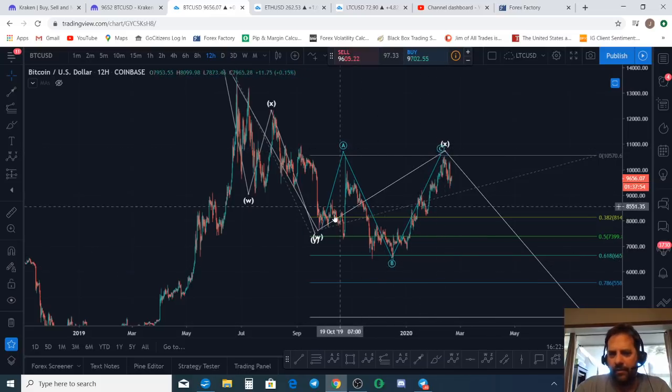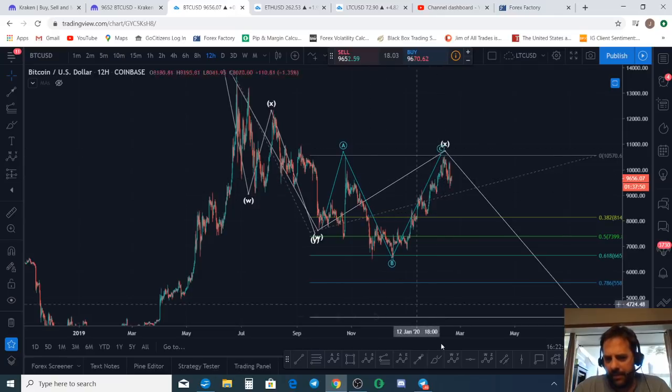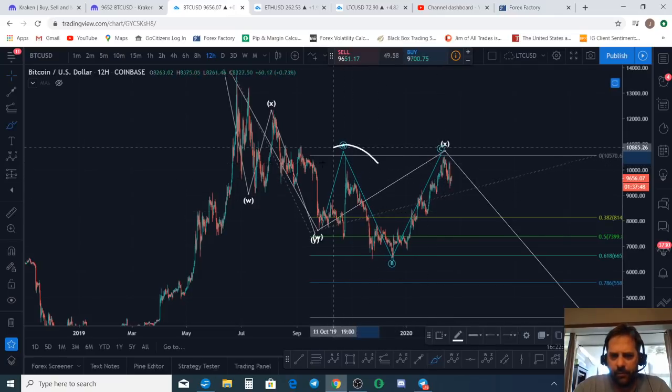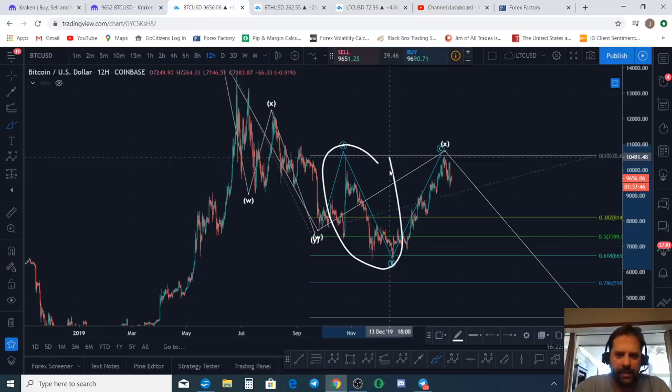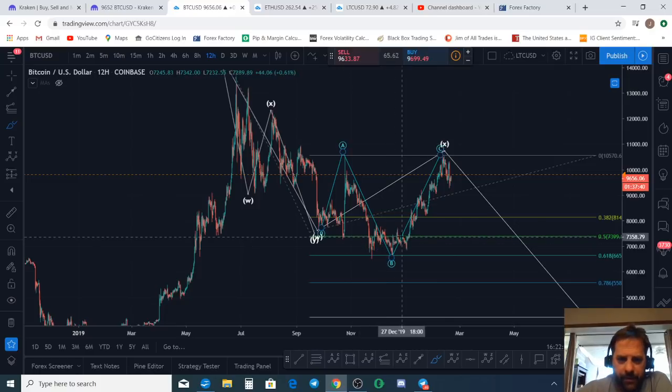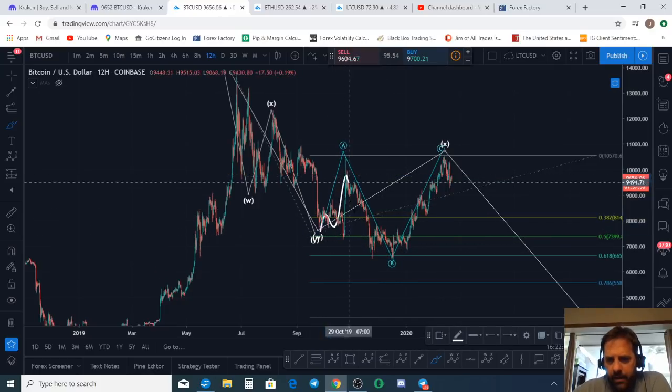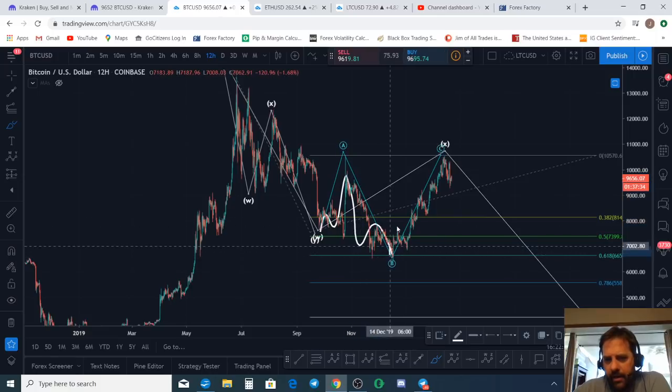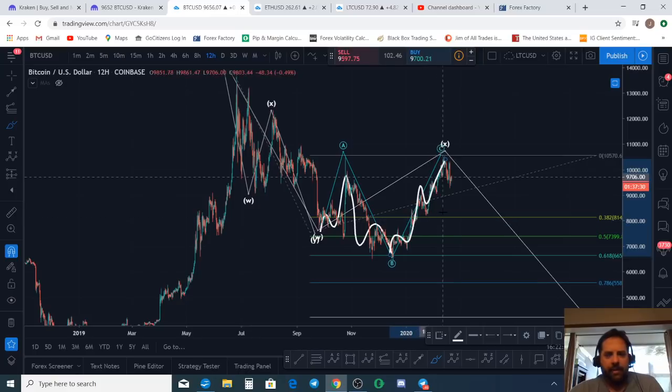This is 5 waves, so it looks like we got a 3, 3, 5. I don't like this leg. This is the big kicker of this wave. Nobody does. It's a very odd and ugly wave to understand, but nevertheless, there it is. So 3, 3, and then 5, and there's an expanded flat right there in the middle.